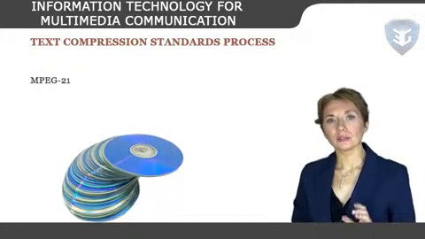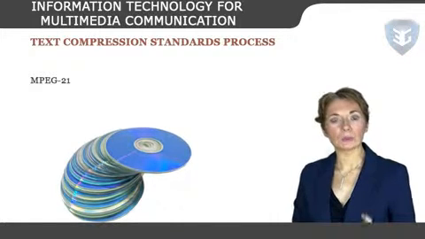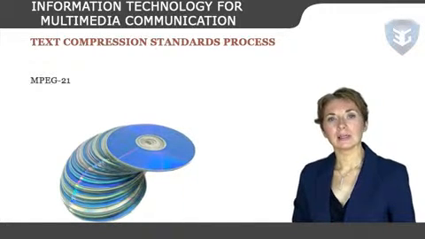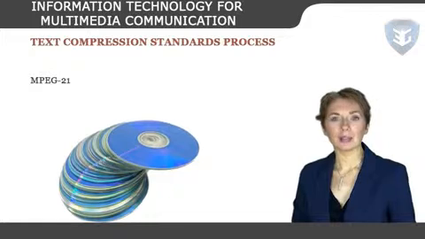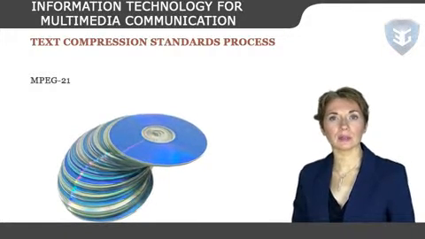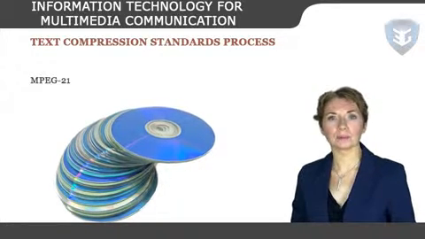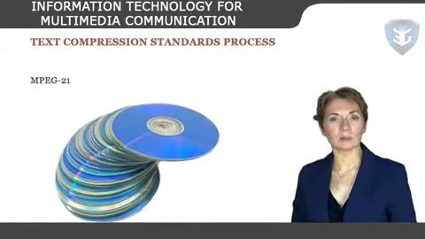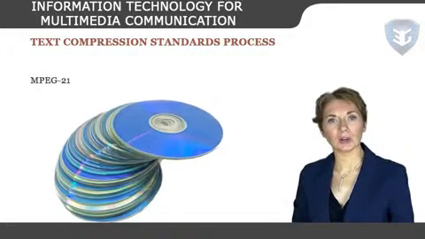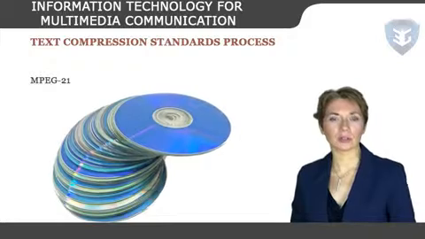MPEG-21. The focus of the standard so far has been very specific. MPEG-1, 2, and 4 dealt with the compression and the representation of audio-visual objects for storage and viewing, MPEG-1 and 2, and multimedia, MPEG-4. MPEG-7 broke the mold slightly by defining a framework for describing an AV object for easier search and retrieval.